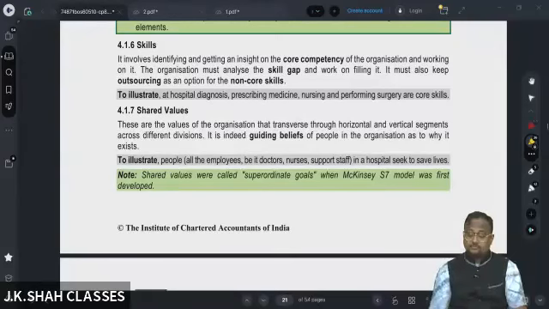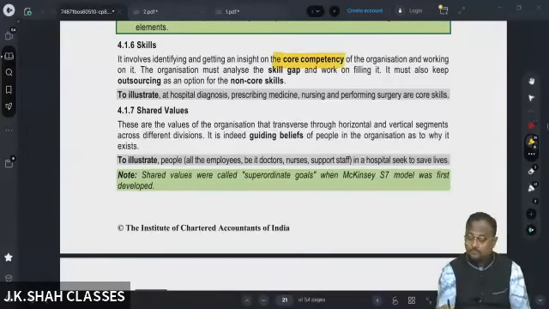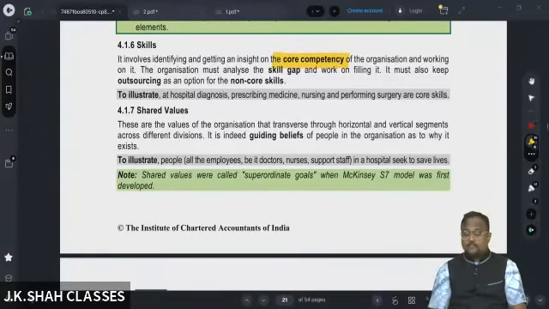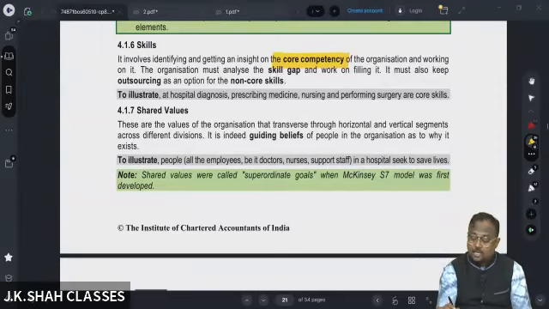Then you have skills, identifying and getting an insight on the core competency of the organization. Analyze the skill gap, fill it.